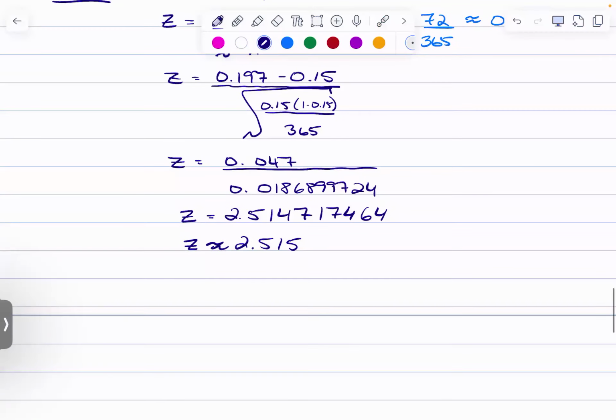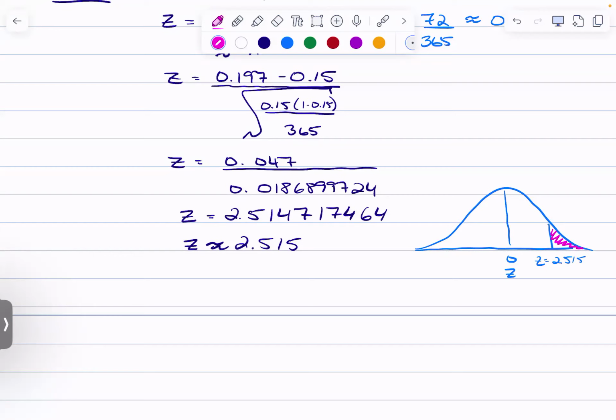But what does this look like? If we're on a normal distribution centered on 0, Z is centered on 0. And we found that Z is equal to 2.515.